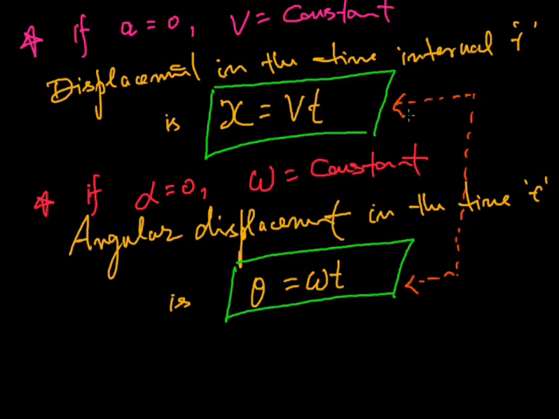Here, linear displacement x is equal to vt when the acceleration is 0, and similarly, the angular displacement theta is equal to omega t when the angular acceleration is 0.